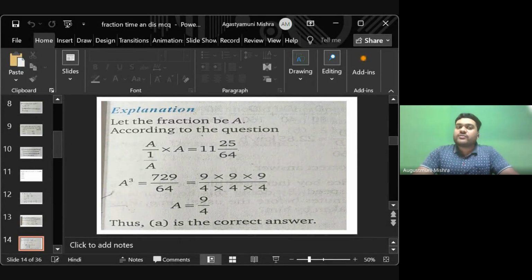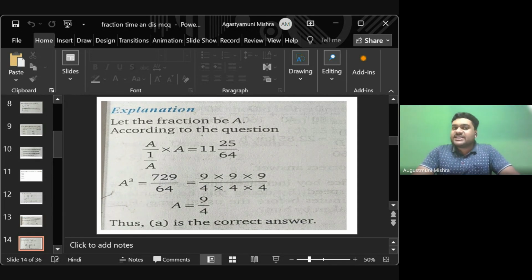Then the value of that is 11/25, this is a mixed fraction. Okay, so again when you solve this question, it will become a cube, because that will get reversed and it will be multiplied by a into a into a. So that will be a cube.